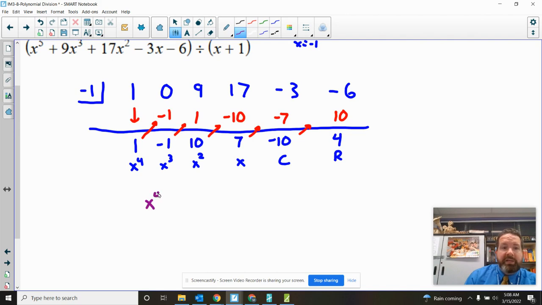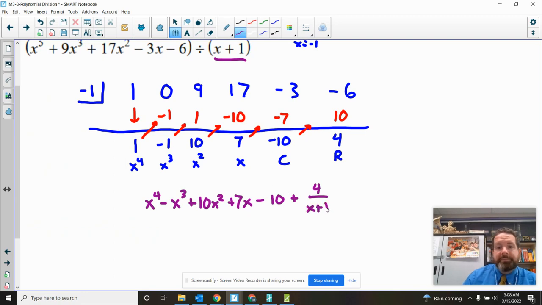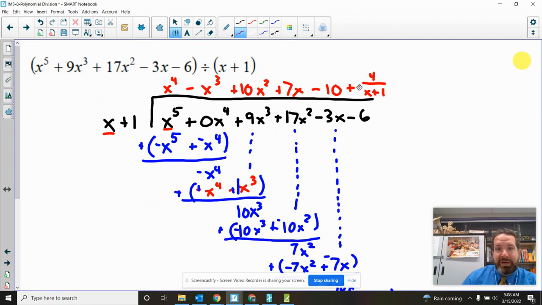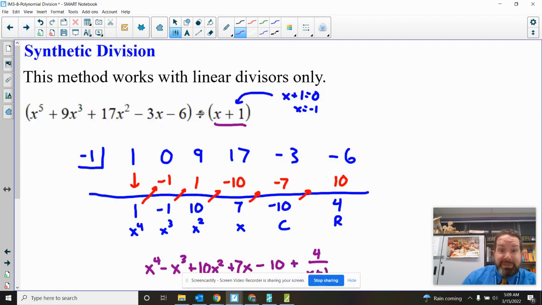Why, it is 1x to the fourth minus 1x to the third plus 10x squared plus 7x minus 10 plus the remainder of 4 over x plus 1. And if you give it a look, that's the same thing we ended up with right here. It was a little bit quicker to go through it this way.